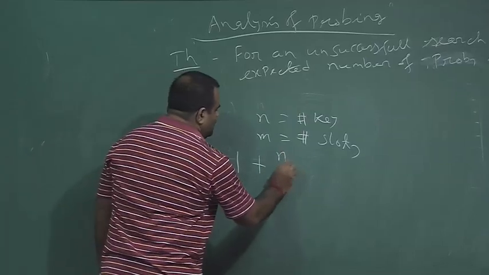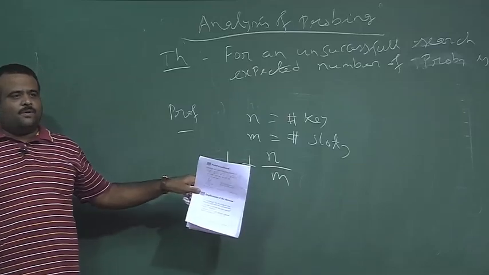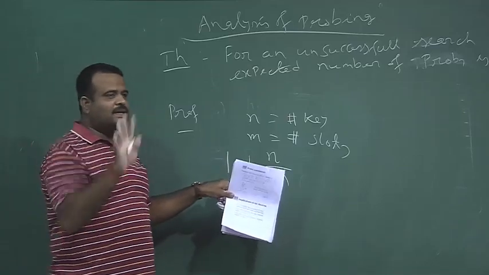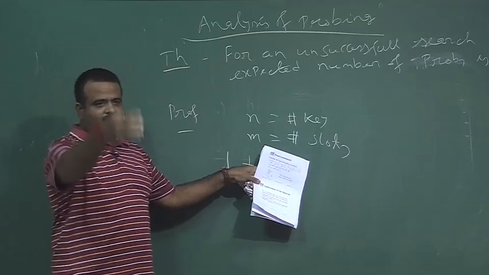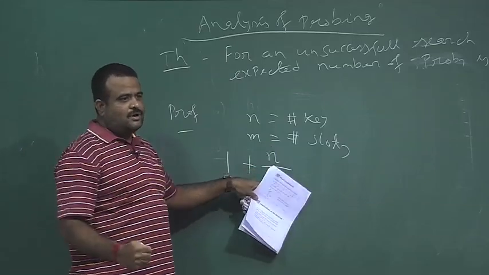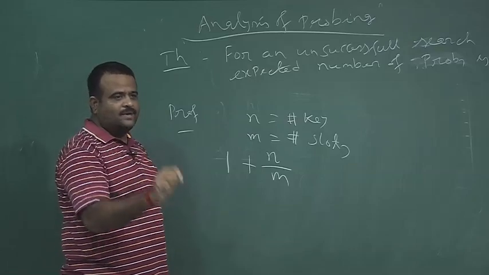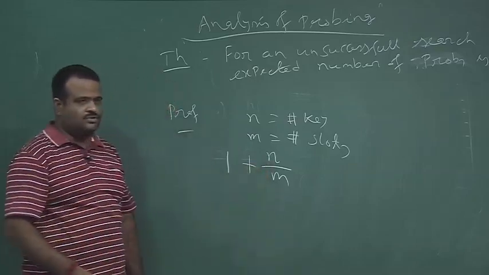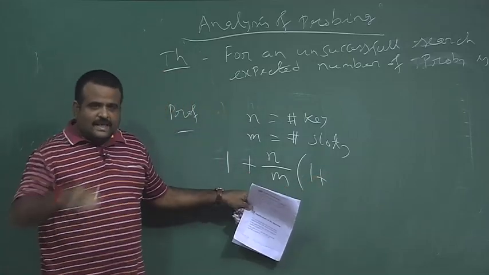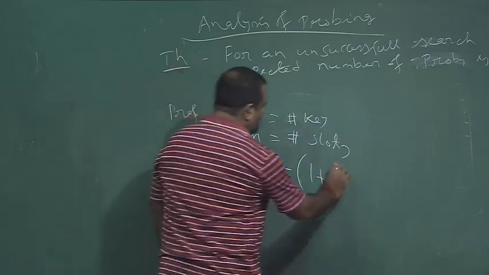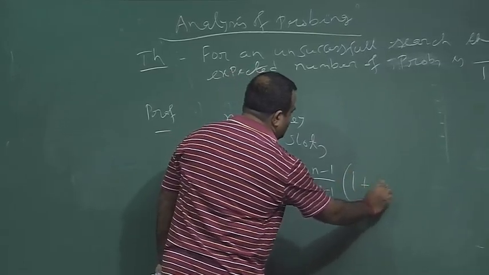It is basically n by m. There are m slots, but we want to hit a slot which is not empty, and there are n ways we can choose that. Similarly, the next probe is required with probability n minus 1 by m minus 1, and so on.